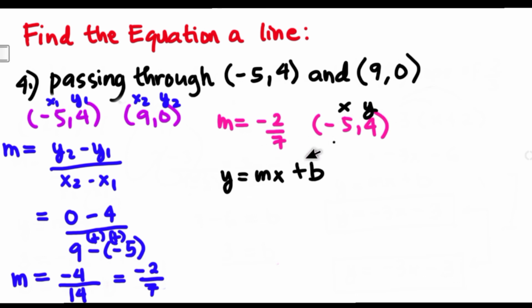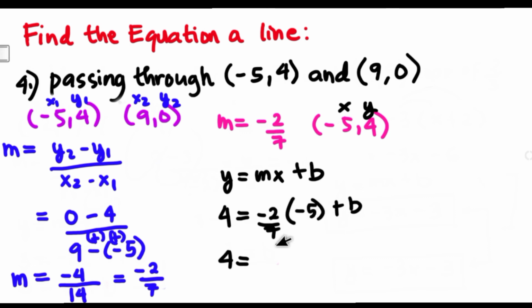So, y is 4 equal to m is negative 2 over 7 times x is negative 5 plus b. And then 4 is equal to negative 2 times negative 5 is positive 10 over 7 plus b.